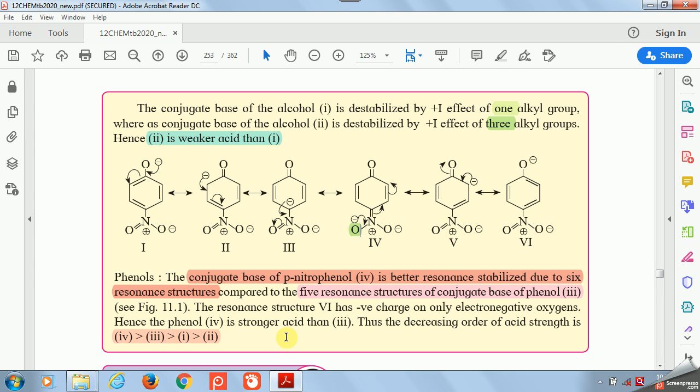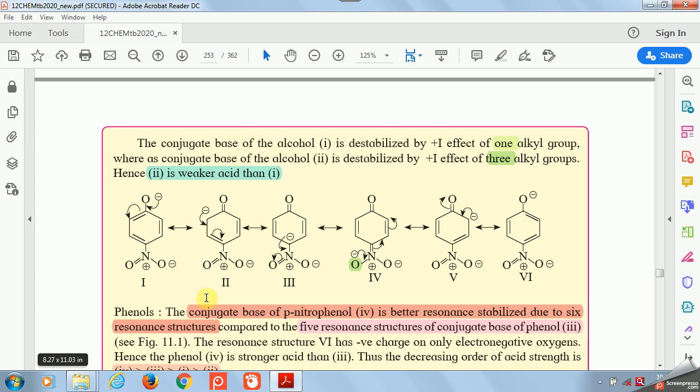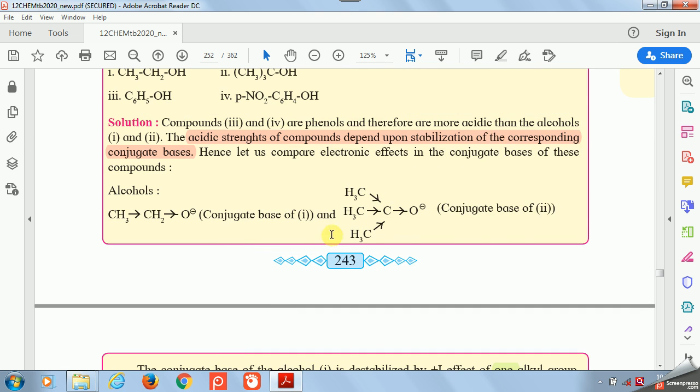Hence the decreasing order of acidic strength is: most acidic is para-nitrophenol, then phenol, then among these two alcohols, this one is more acidic in nature because only one alkyl group is present. Here 3 alkyl groups are present.